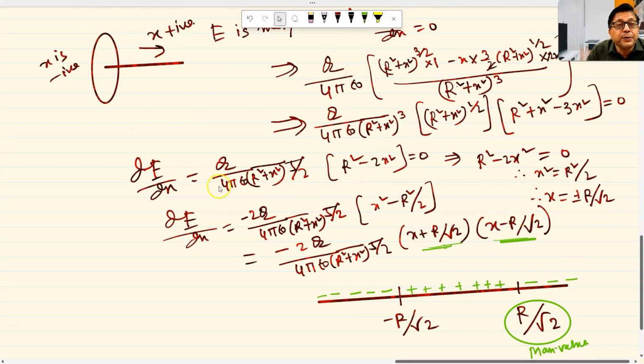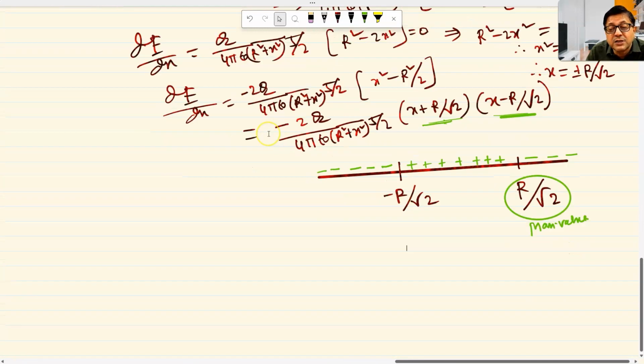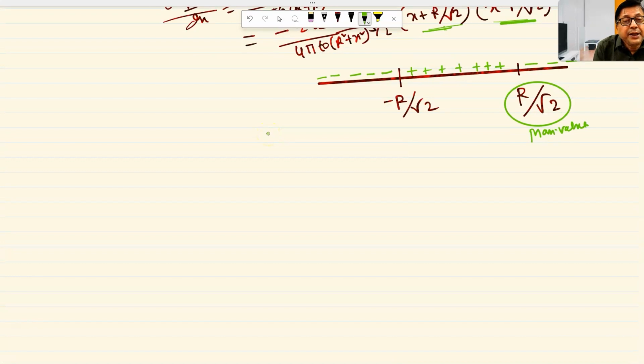So I remind you all those cases we have considered for the electric field on the axis of charged circular ring. E is, let me write here, E proportional to x when x is small, x is much smaller than r.